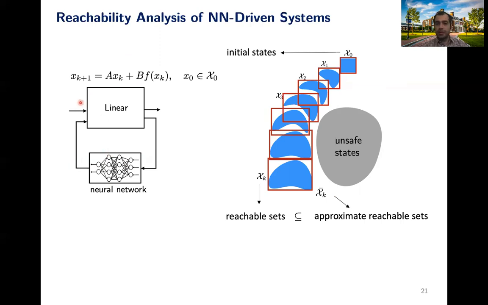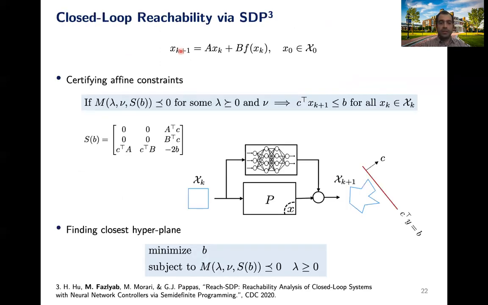For simplicity, I'm not considering uncertainties here, but as long as these uncertainties can be captured and described by various forms of quadratic constraints or integral quadratic constraints, then we can also incorporate them into this semi-definite programming result.